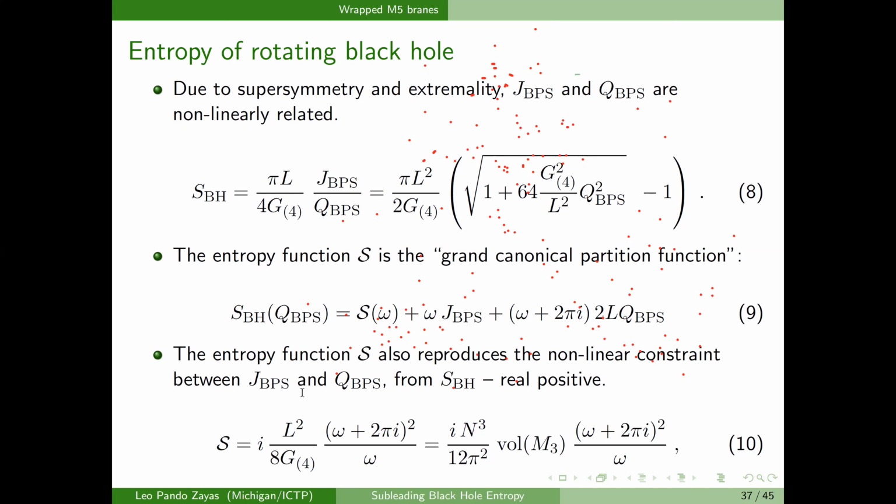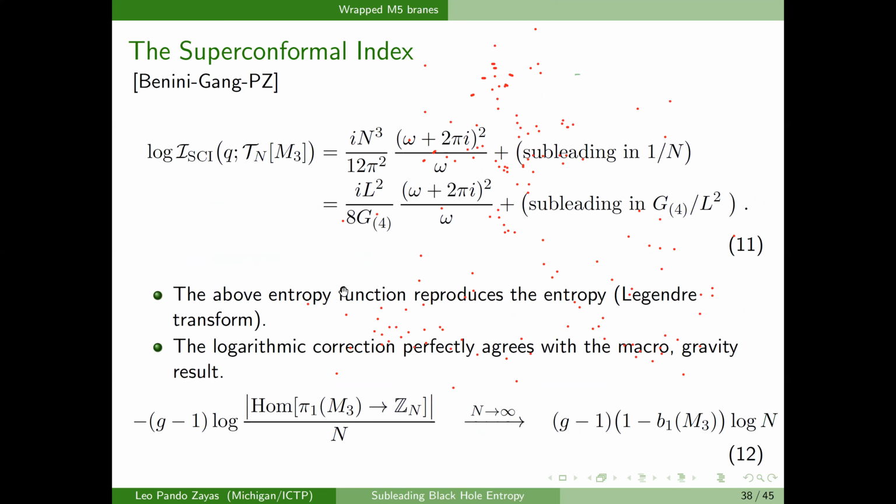This is just to try to make the connection easier. On the gravity side, I provide this entropy function, and when I extremize it, I will get the entropy of the black hole. That's precisely the entropy function that I computed from the field theory side with Benini and Dongmin Gang. So it's precisely the same.